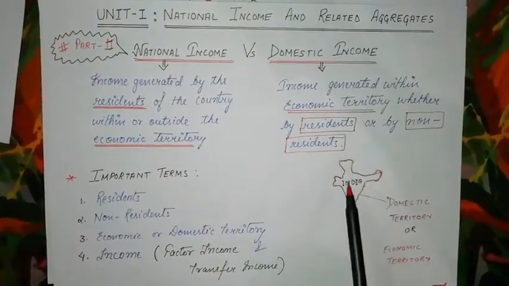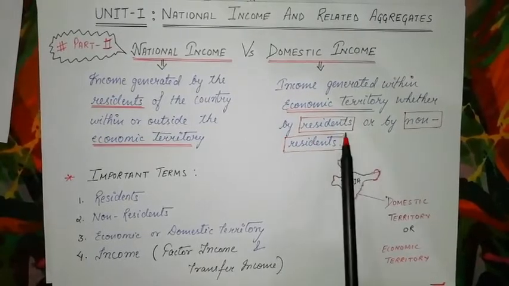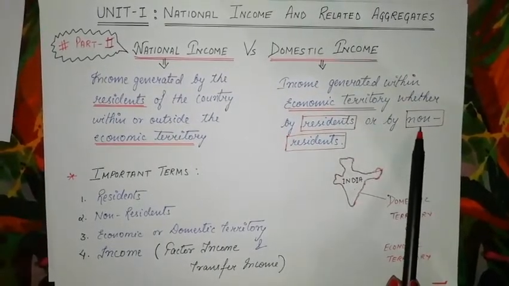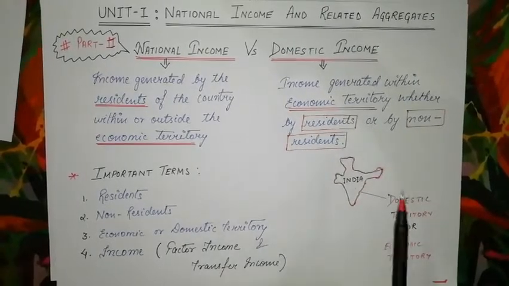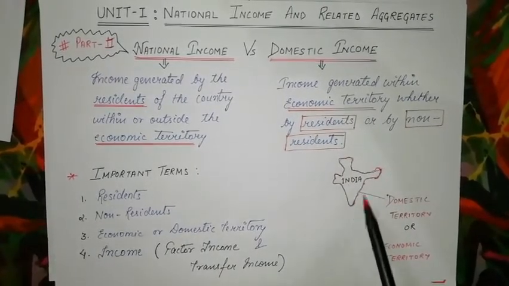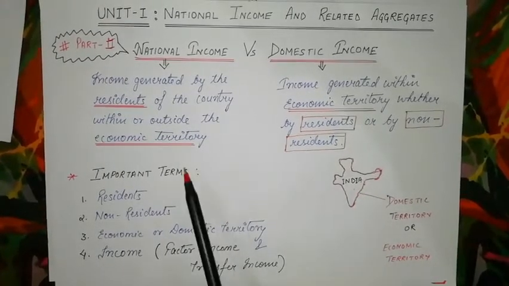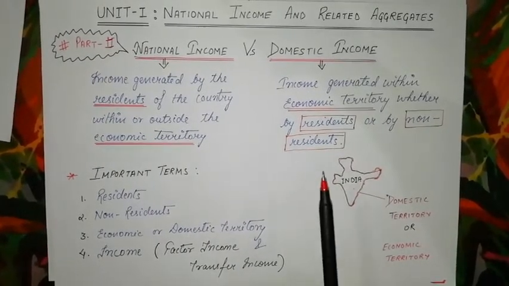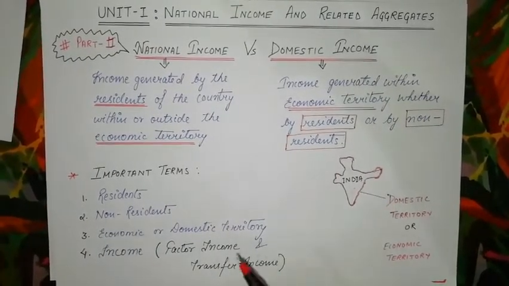Now under this, whether it is generated by the residents of the country or by the non-residents of the country, it doesn't matter. That will be termed as domestic income, but it should be earned within the boundary of a particular country. So now from these two different phases, we have understood four important terms.